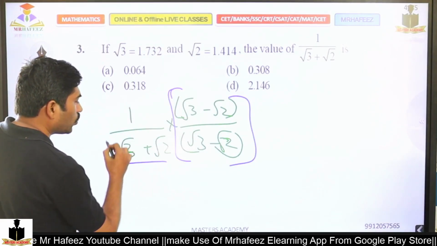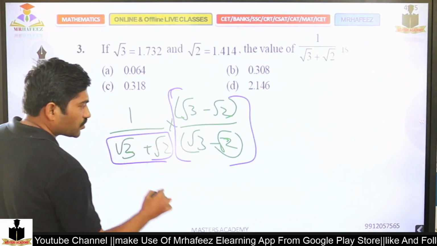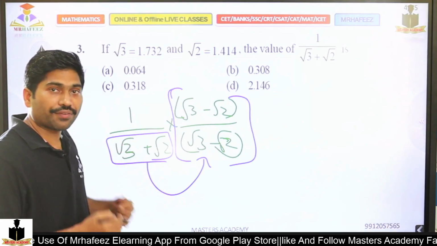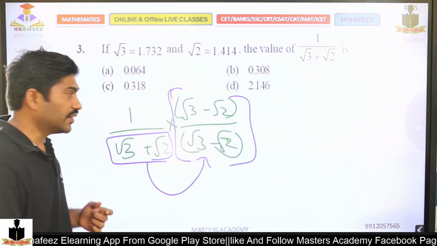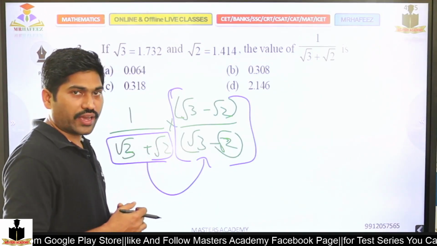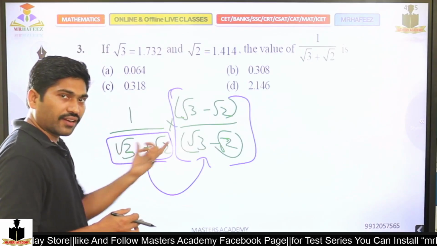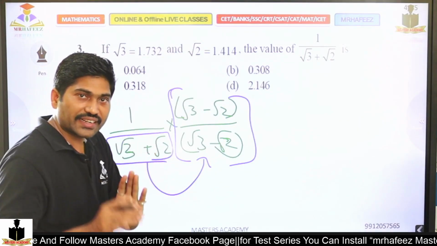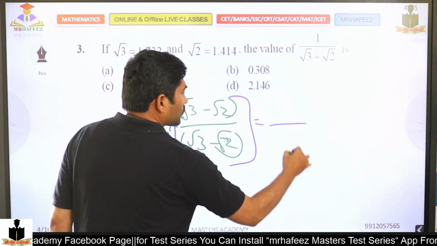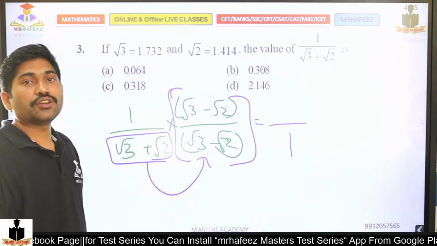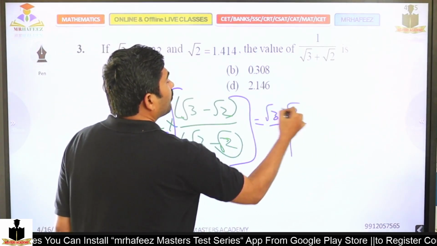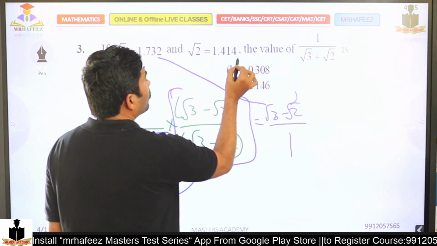If it is root 3 plus root 2, I should take root 3 minus root 2. Why am I taking this? This is in the form of a plus b into a minus b. Then I can implement a square minus b square. If I implement a square minus b square, root 3 whole square and root 2 whole square, the roots will get cancelled. 3 minus 2, value is only 1. So the denominator consists only of 1. What about the numerator? Root 3 minus root 2. The values are known to us.